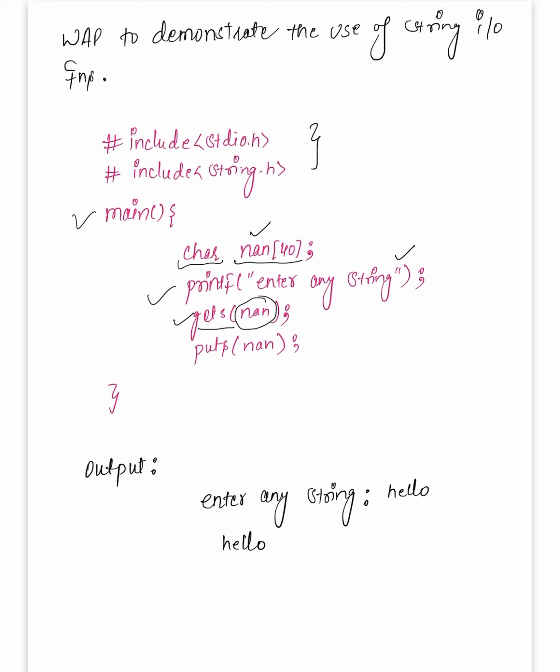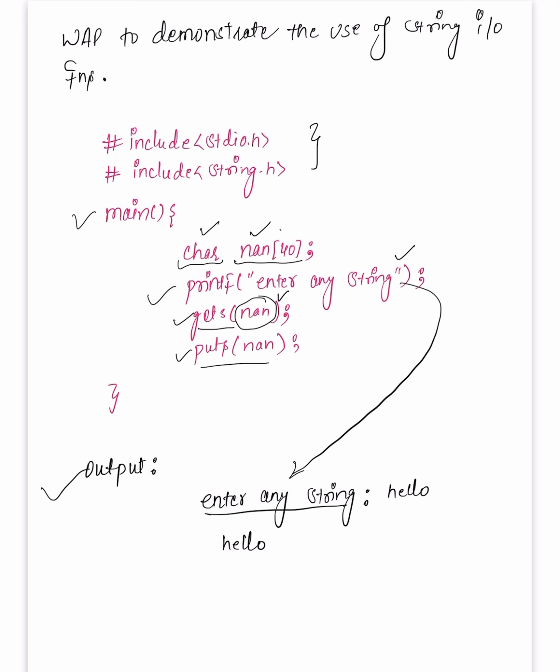Here we are entering a collection of characters, not a single character. That is why we use the char data type, and the array of string is declared. Here the gets function is used for reading the string from the user and puts for displaying that string on the output screen. In the output we can see enter any string.